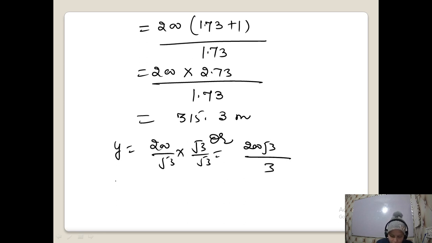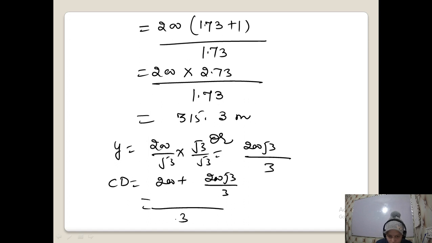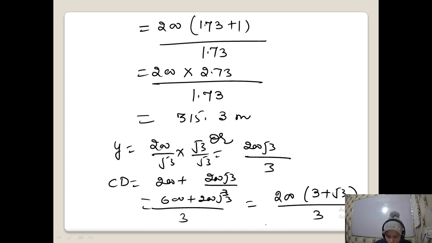Now you can add these values again. 200 plus 200 root 3 over 3. You can take LCM 3. 200 multiply by 3, 600 plus 200 root 3 over 3, and here you can take common value 200. 200 in bracket 3 plus root 3 over 3.